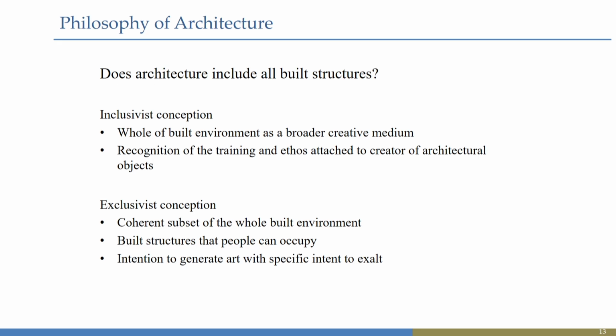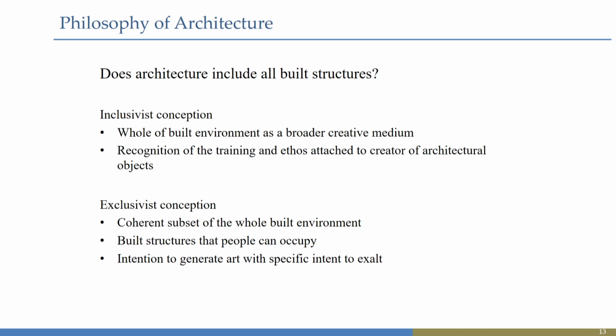So, the whole of the built environment is architecture, and therefore it is a broad creative medium where you can apply your creativity, your artistic ability. There is recognition of the training and ethos attached to the creator of architectural objects. So, inclusivist conception also recognizes that to make this, you need to have training.